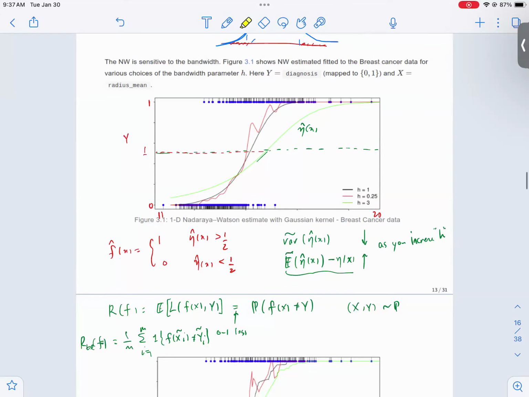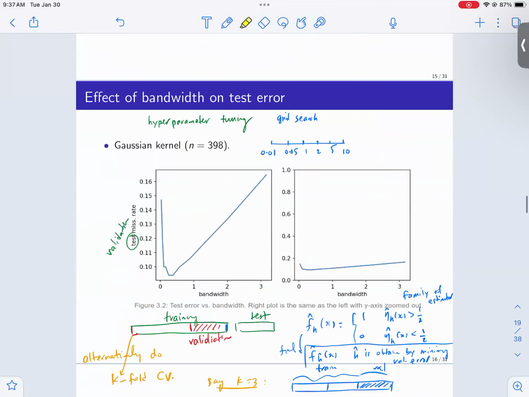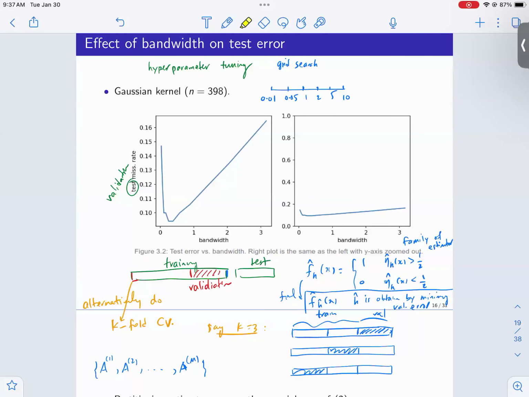This was evident in this plot, for the Gaussian kernel: the bandwidth you choose has an optimal value in this particular example.